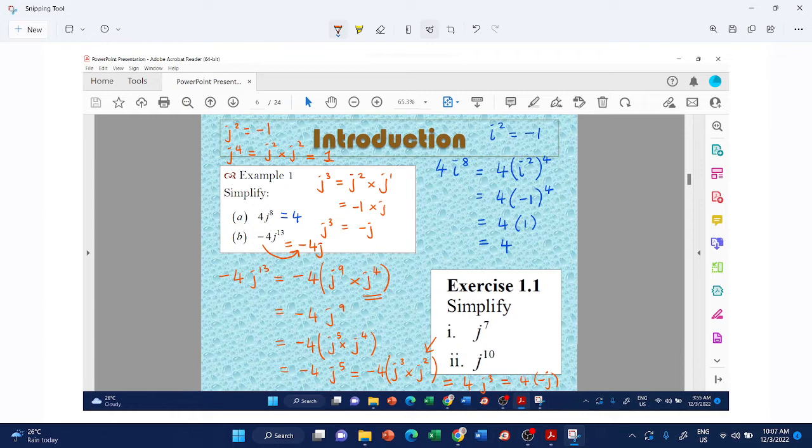Can we do like that? Can, because this is not the only method. Tapi at the end jawapan dia mesti sama. It depends how do you separate dia, pecahkan dia and so on. Okay, madam.